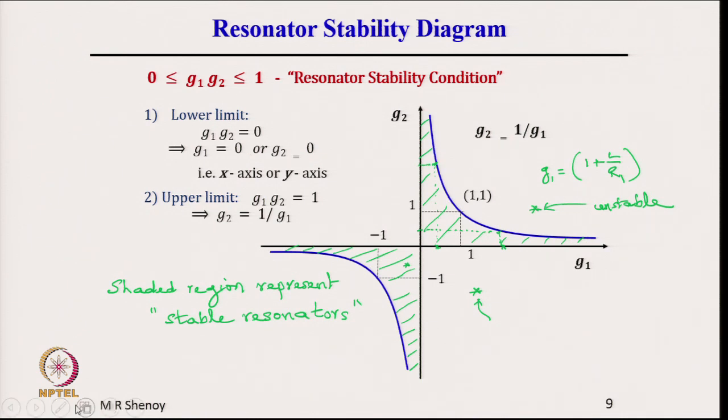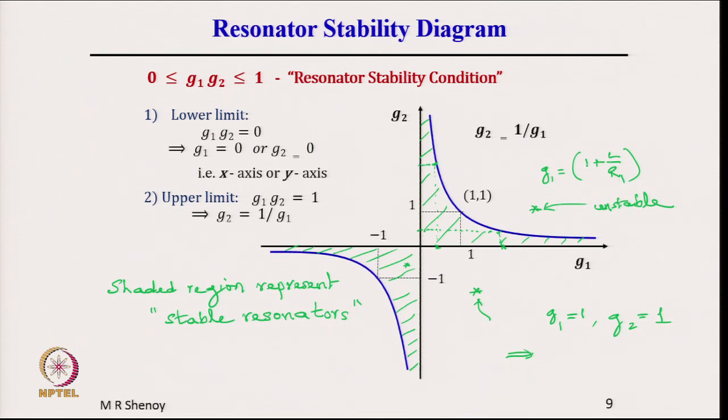Now, in this diagram, if we take plane mirror resonators, there are 2 points which are already marked here, 1, 1. So, what does 1, 1 correspond to? G1 is equal to 1 and G2 is equal to 1. That implies R must be infinity.